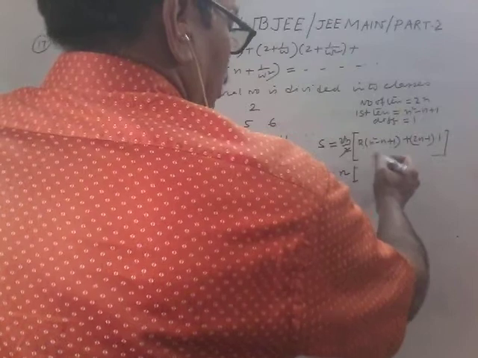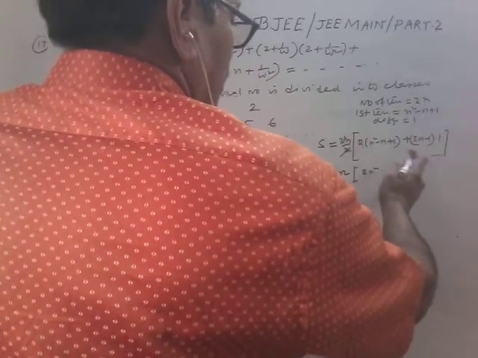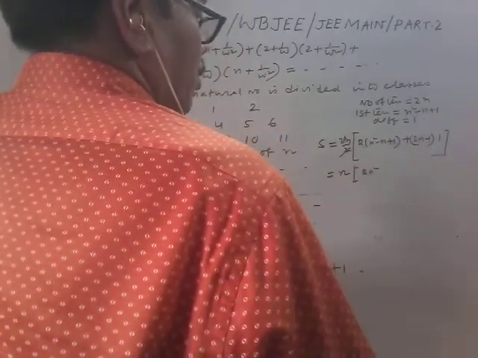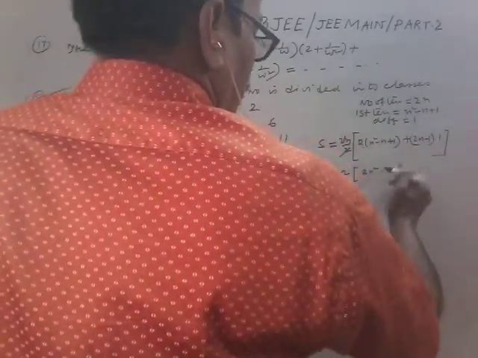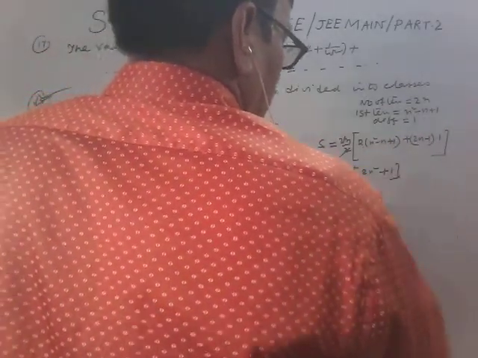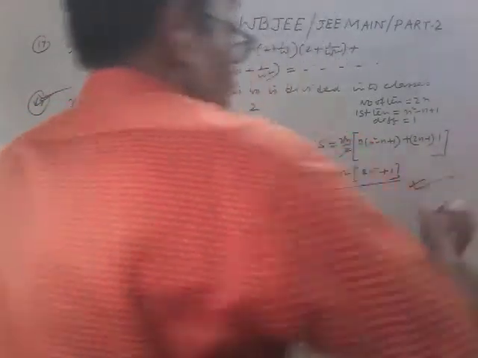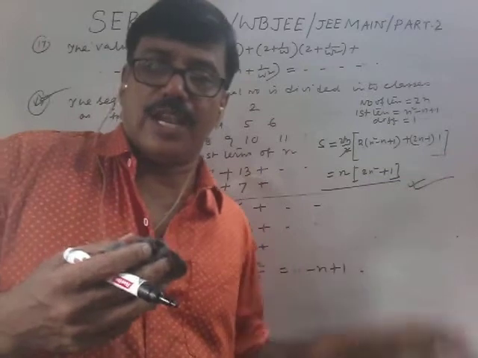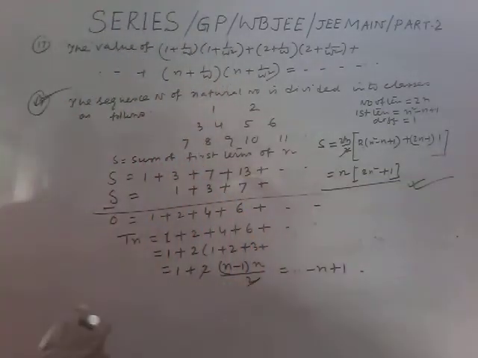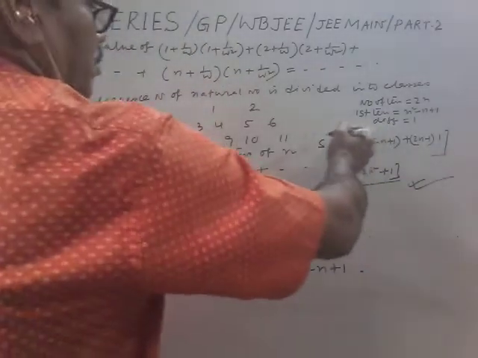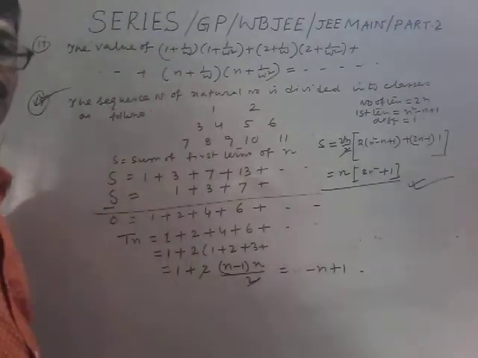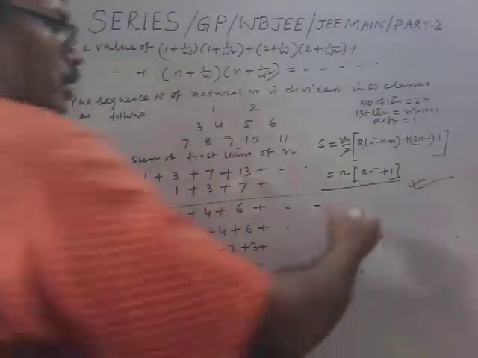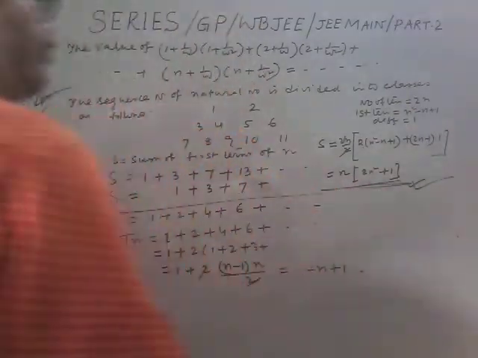So 2n square minus 2n plus 2n is cancelled. 2 minus 1. So this is the sum of the nth bracket, that is the nth row. So our main aim is to find the first term of the nth bracket. So this is the sum.